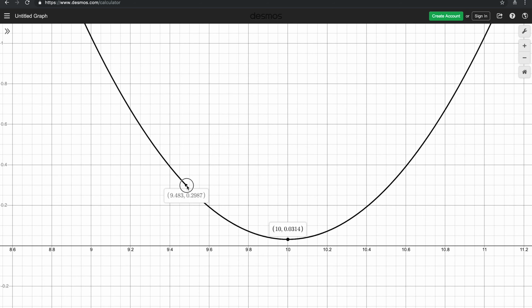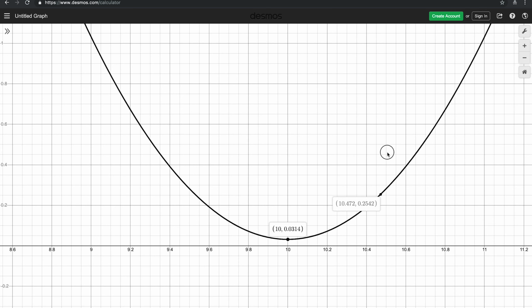But remember, we are trying to let the computer do it for us, and with the computer it's not that simple. We cannot just say, oh computer, just solve for x when the error is 0. We have to do some neat tricks in order to make our computer get closer and closer to this point, just like this little circle that you see here, until it's so close that it's pretty much the minimum point.